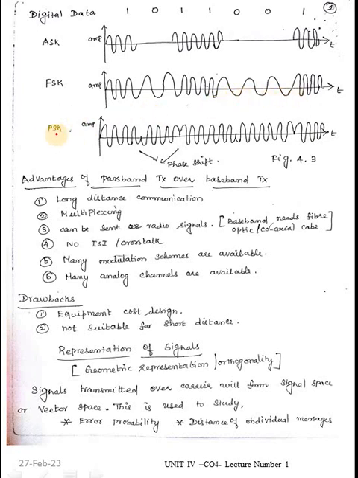Then the third technique is phase shift keying. As we discussed earlier, there are two binary data, binary 1 and binary 0. For bit 1 there is no phase shift, so whatever the input is, that is transmitted. For bit 0 there is a phase shift relative to the previous one. A 180-degree phase shift is introduced for 0.